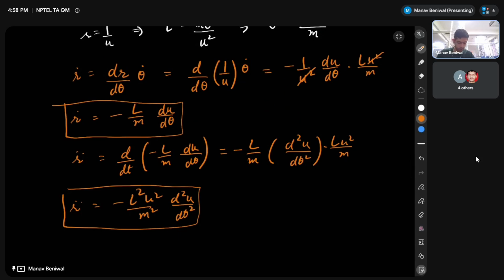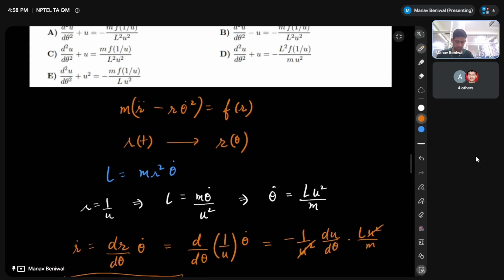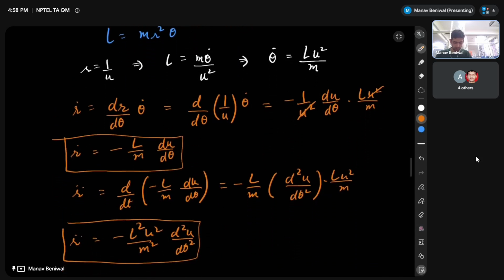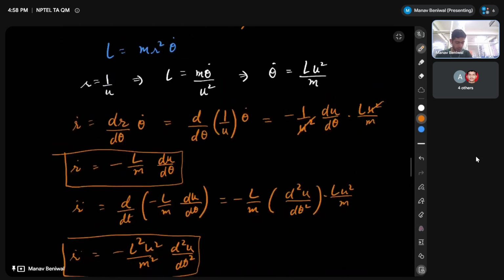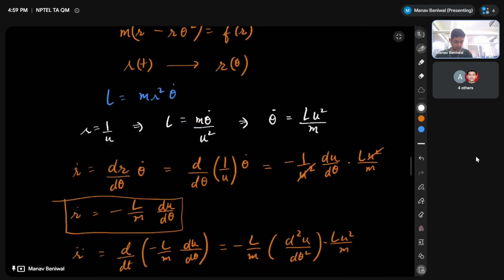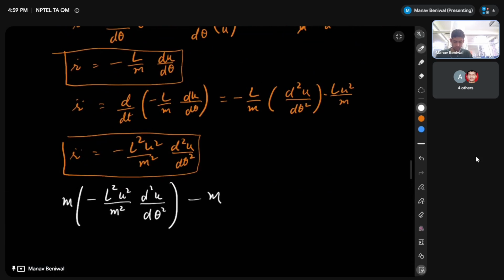So if I substitute this back to my radial equation, what will I get? So my m r double dot, instead of r double dot, I will have m times minus L squared u squared over m squared d2u by d theta squared, minus, from the second equation, r theta dot squared.